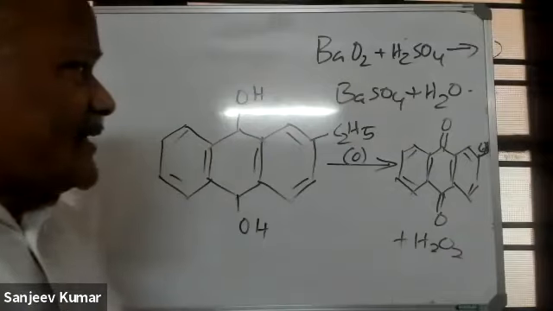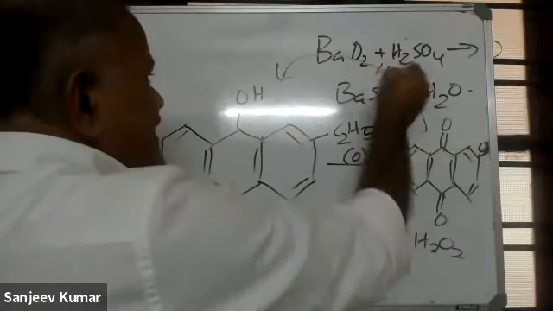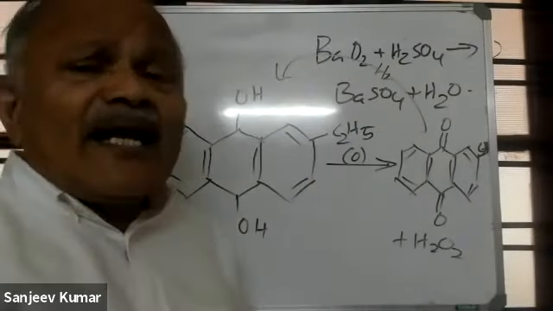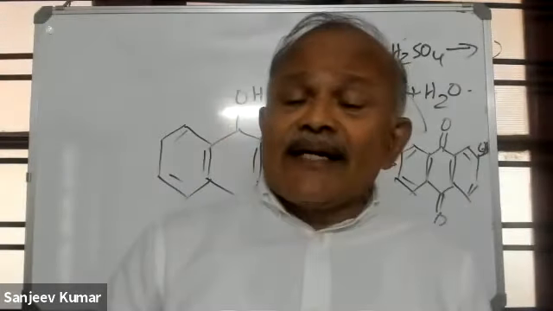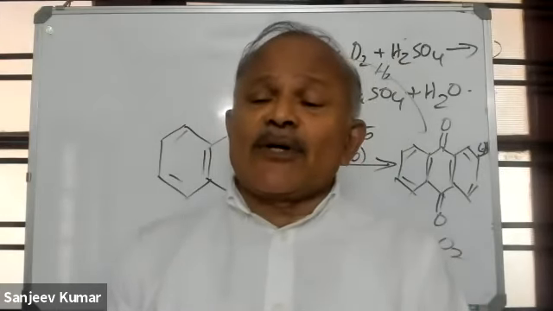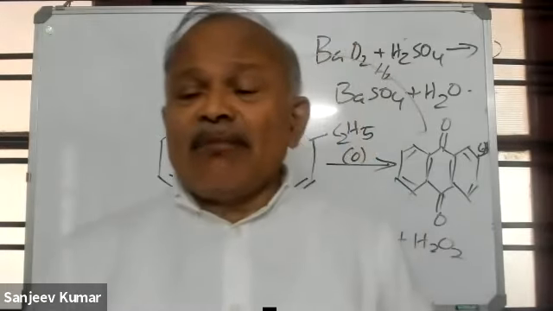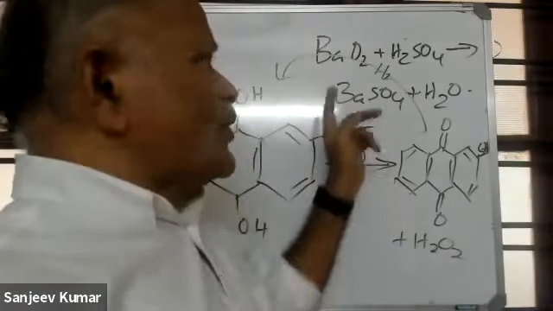This 2-ethyl anthraquinone on reduction with hydrogen is again converted to 2-ethyl anthraquinol, and again that on air oxidation gives 2-ethyl anthraquinone and hydrogen peroxide. Actually, hydrogen peroxide is manufactured from hydrogen and oxygen.